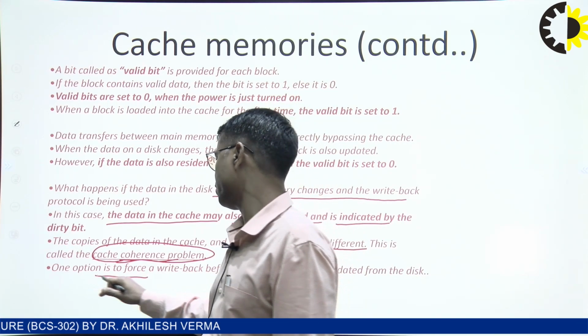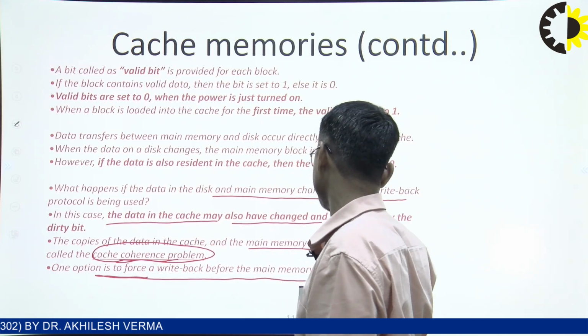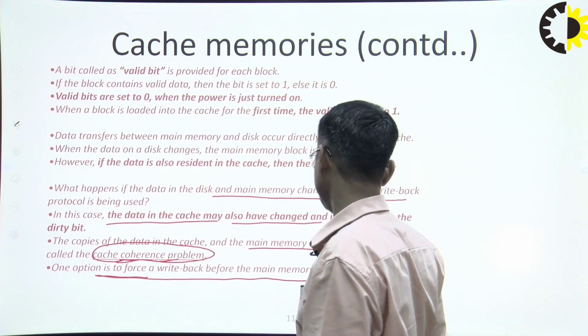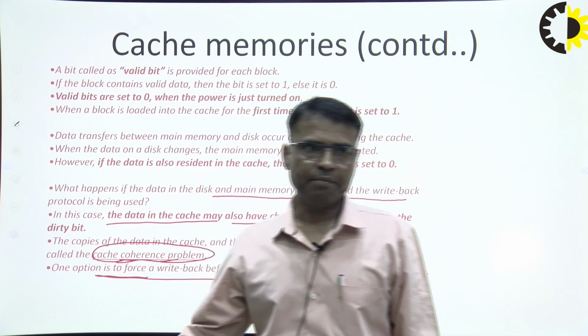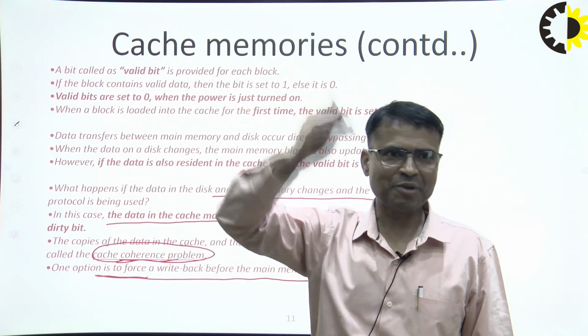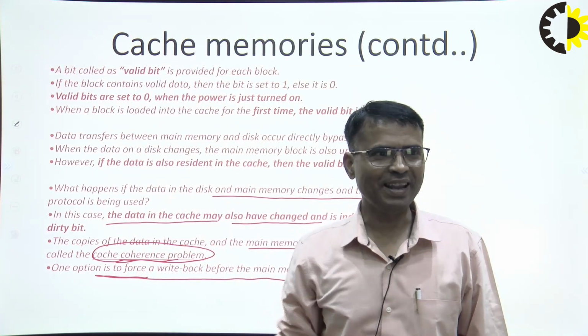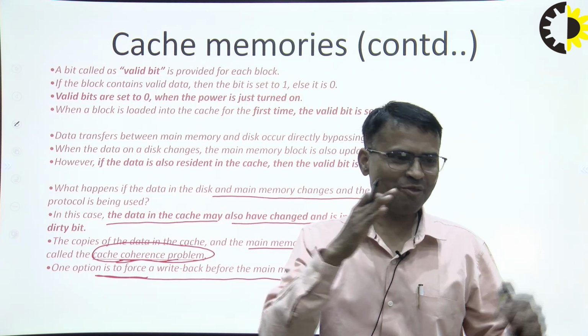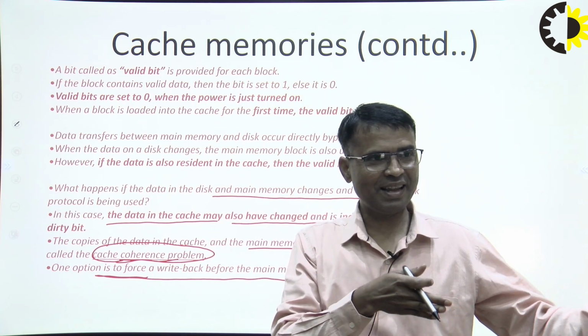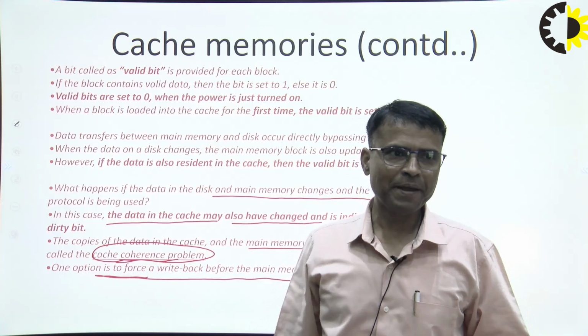One option is to force a write back before the main memory is updated from the disk. Before some data comes from the hard disk to the main memory, we must ensure that whatever changes you have made in the cache are reflected back into the main memory.